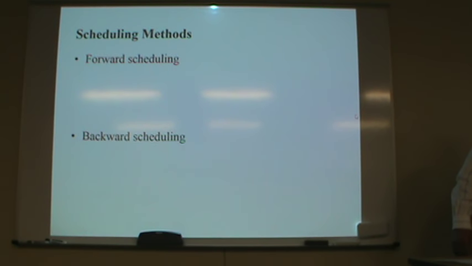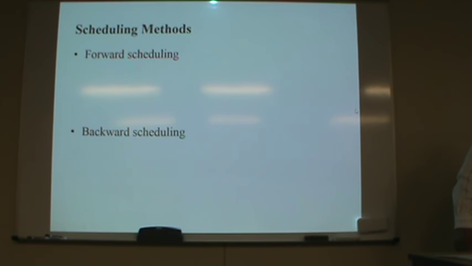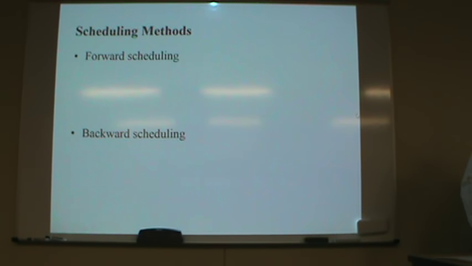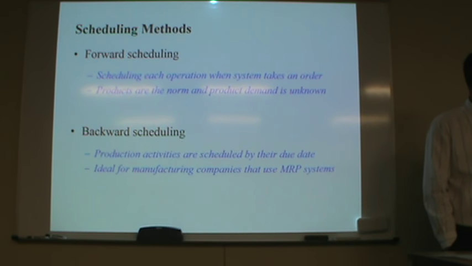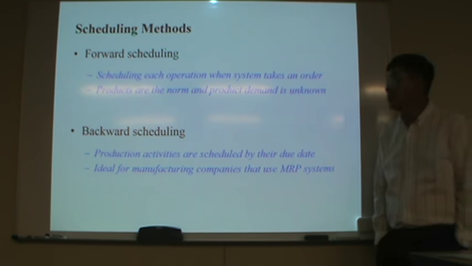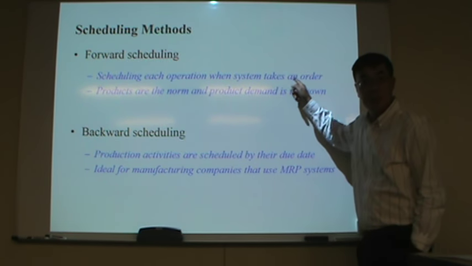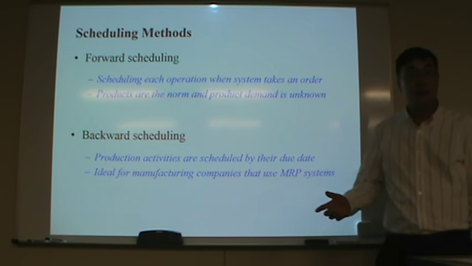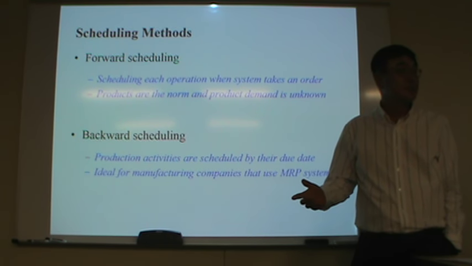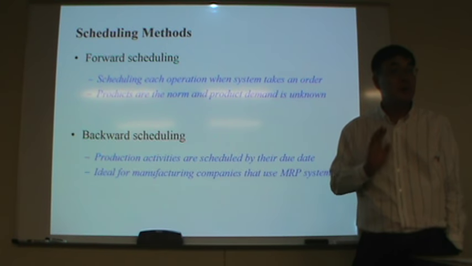And forward and backward scheduling. Forward scheduling: scheduling each operation when the system takes on an order. What kind of system is this? Make to order or make to stock? Take the order, then start. Make to order system, right?